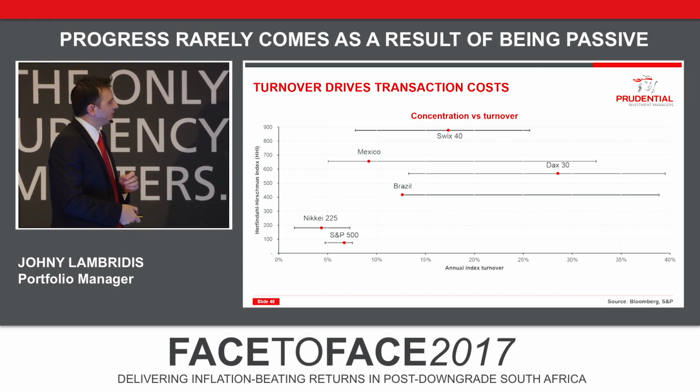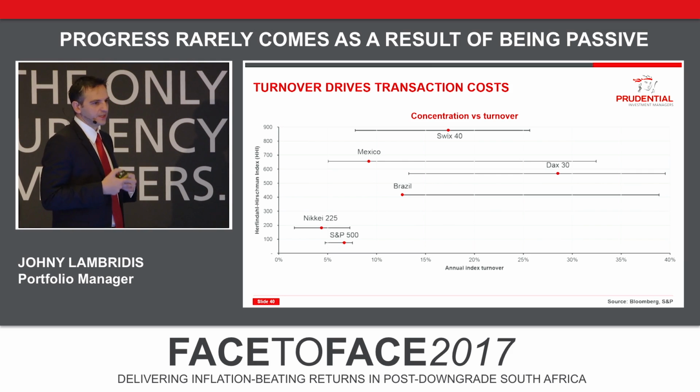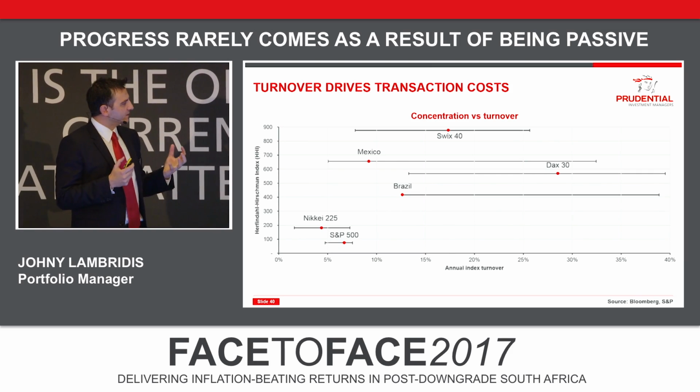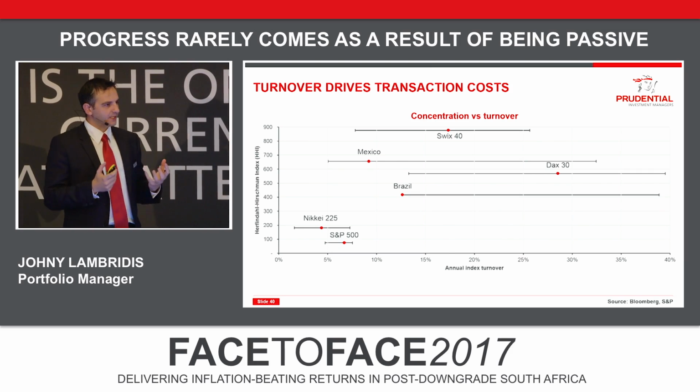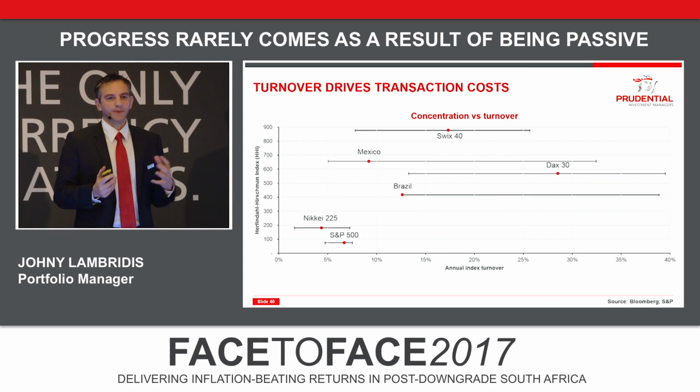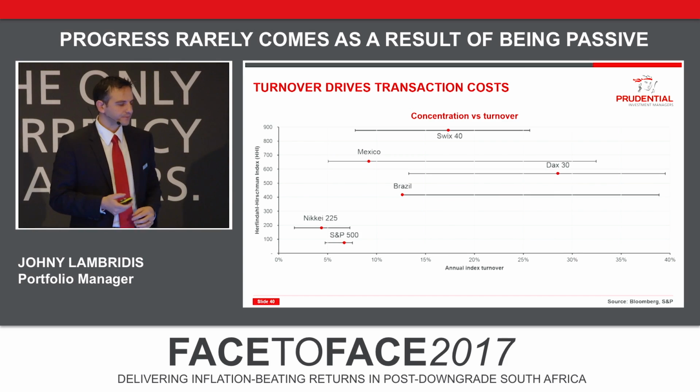What I've plotted on the horizontal axis is turnover. Now, when the founders of passive created their theories, you would hold the entire market portfolio and there would be no need to trade at all, because you effectively held the entire market.